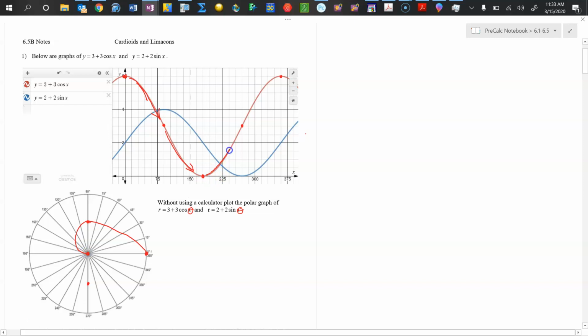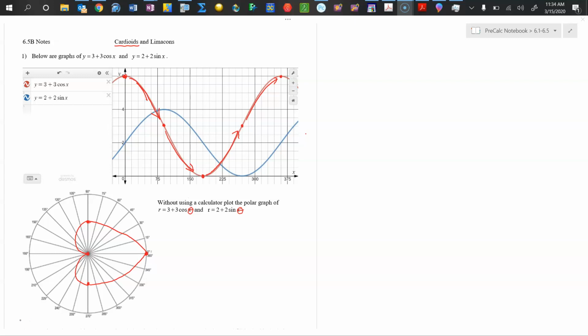Between 180 degrees and 270 degrees, r is at its minimum 0, increasing back up to 3. And from 270 degrees on up to 360 degrees, r is increasing from 3 back up to 6. And isn't that wonderful? It looks like a heart, aka a cardioid.